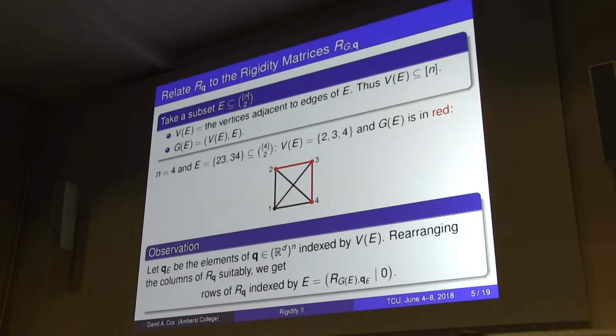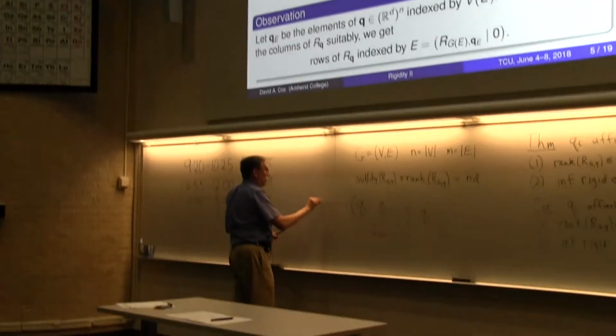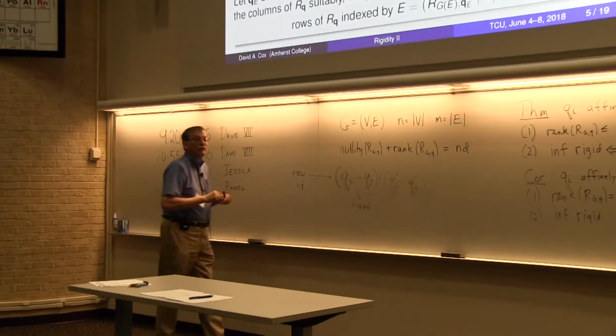Now, what does the rigidity matrix look like? Remember that it comes from a system of equations where these are fixed, and the variables that you plug in are the things I called Qi prime and Qj prime. This is what happens in row ij.